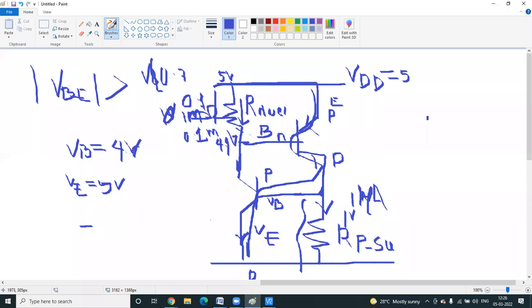Base voltage is 4.9 volt, emitter voltage is 5 volt. So VB minus VE is minus 0.1, its modulus will be 0.1, which is less than 0.7. So now it becomes cut off. Understand, or any doubt?